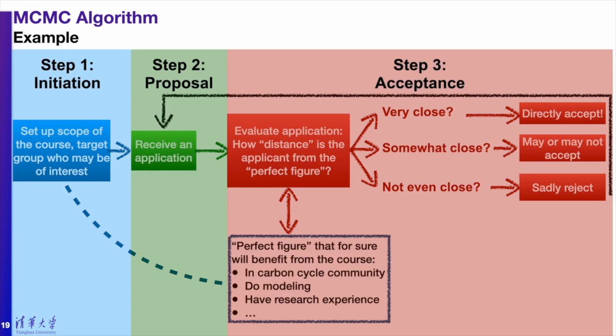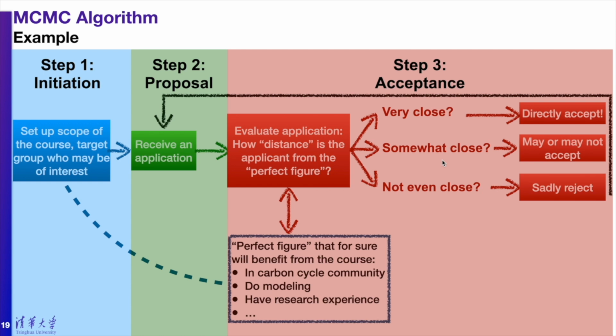We can now split the whole process into three parts. In the first part, we initiate the application, in the second part, we receive the application materials, and in the third part, we make decisions on whether or not to accept the application. We can correspond these three parts with three steps in the MCMC algorithm.